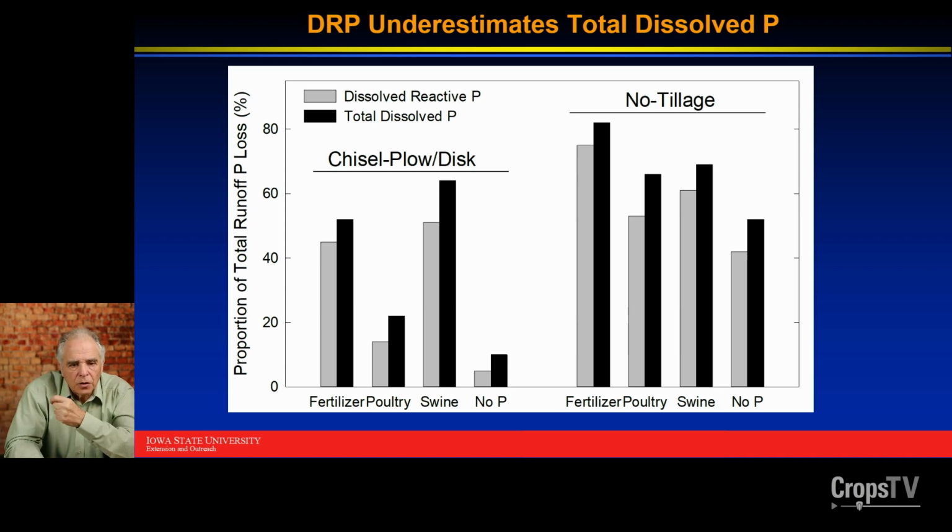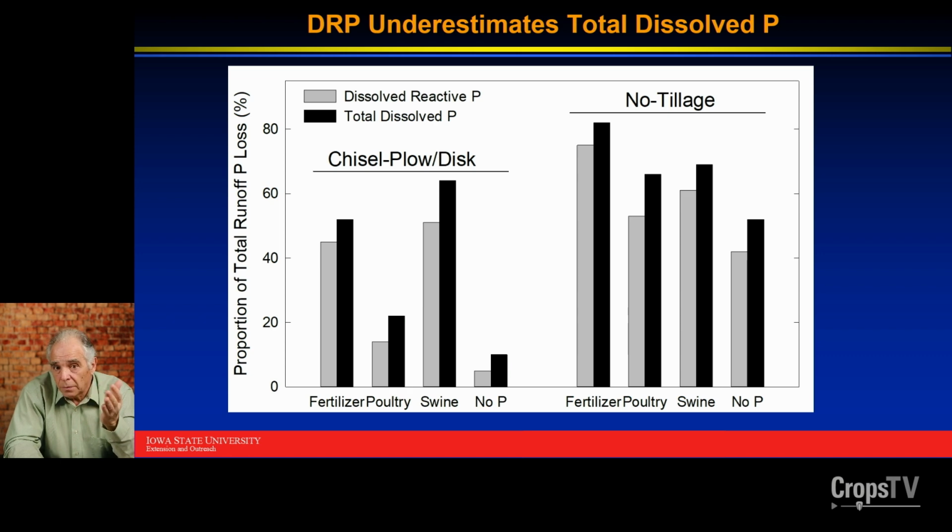And you will see that on average, for fertilizer, for poultry and swine and OP, the total dissolved P is always a bit higher than the dissolved reactive P. So these dissolved reactive P measurements that everybody shows are underestimating the loss of dissolved P, which is the most active out there, okay?